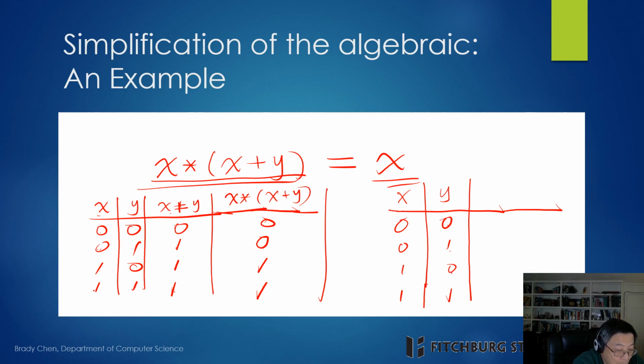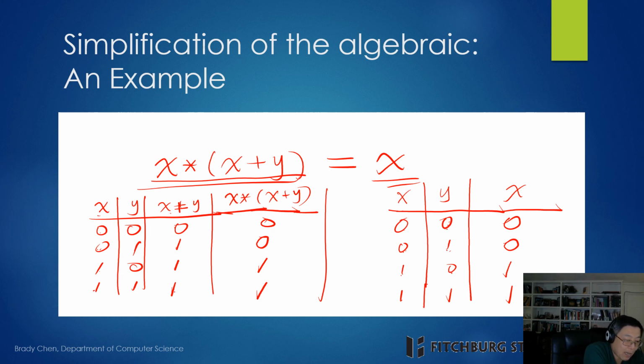It doesn't impact the final result of the expression. When x is 0, y is 0, it's the same as x, so it's 0. X is 0, y is 1, doesn't matter, it still follows the value of x. X is 1, y is 0 gives 1, and x is 1, y is 1 gives 1. So y doesn't play any role in the right expression.